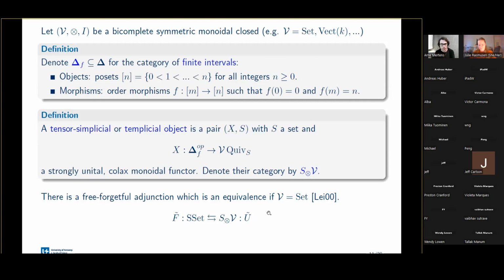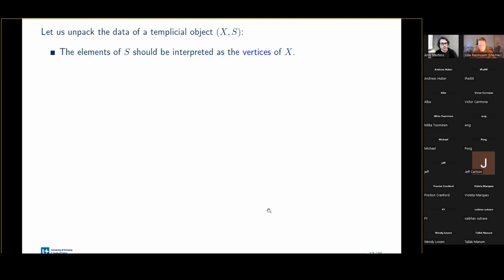Okay, so let's unpack this data a little bit. Given such a templicial object, it's a pair (X, S), where S is a set, and this set should be interpreted as a set of vertices of X. So each element is a vertex, just like a classical simplicial set. I have a set of vertices.